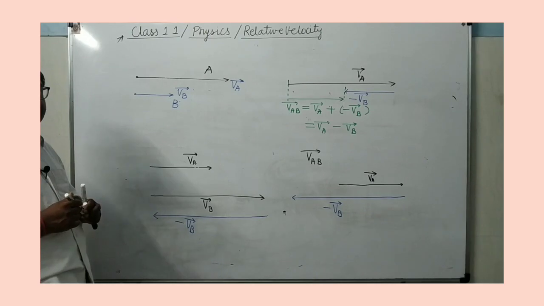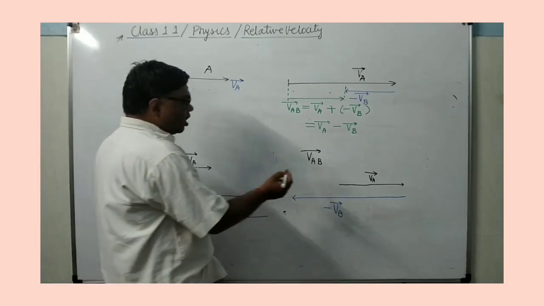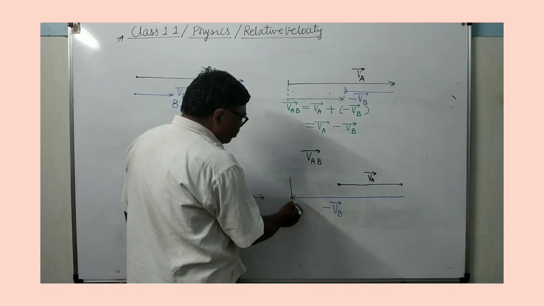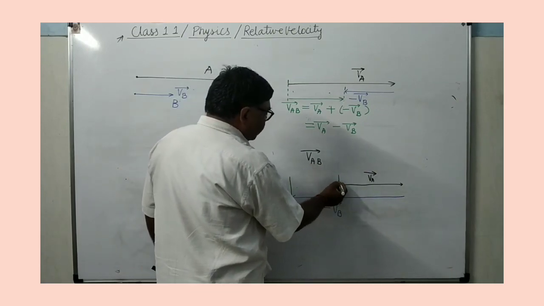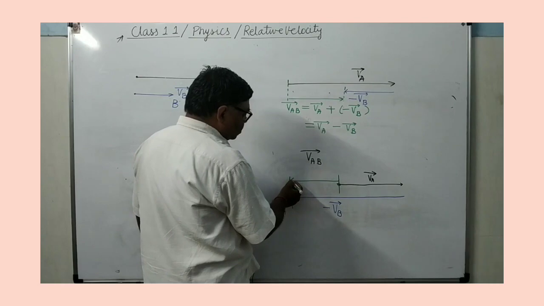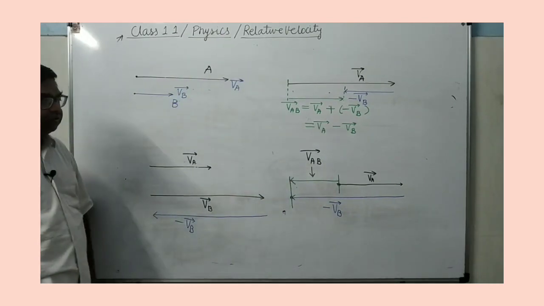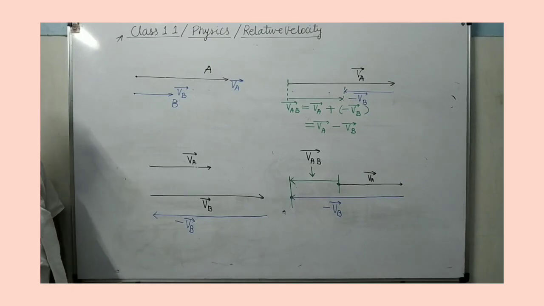From tail of first to the head of last. Tail of first is this, head of last is this. Resultant will be equal to this. This will be the vector VAB.